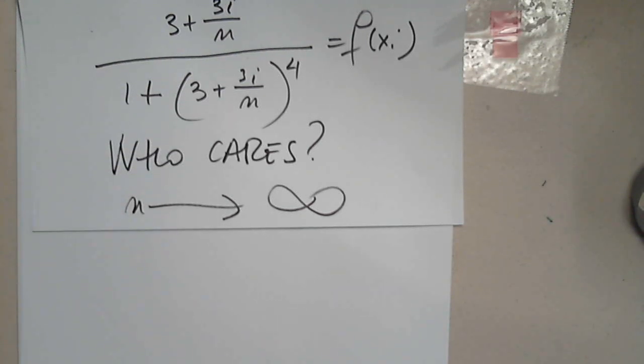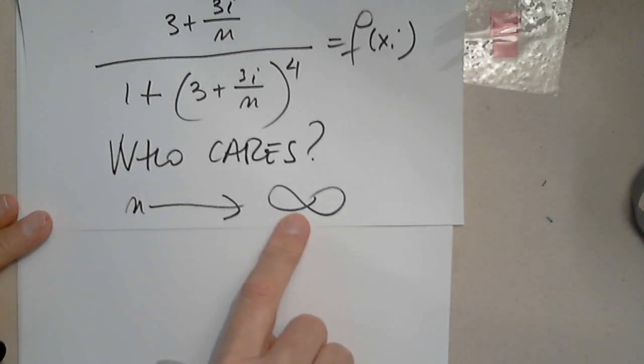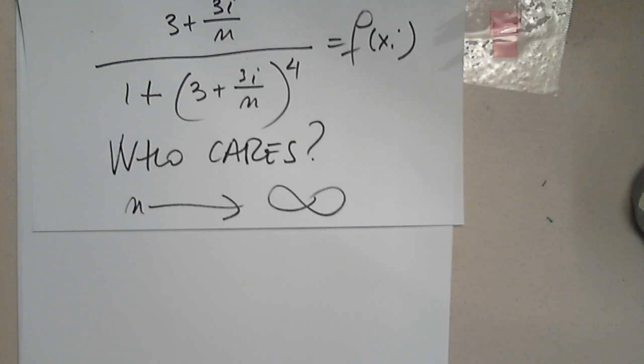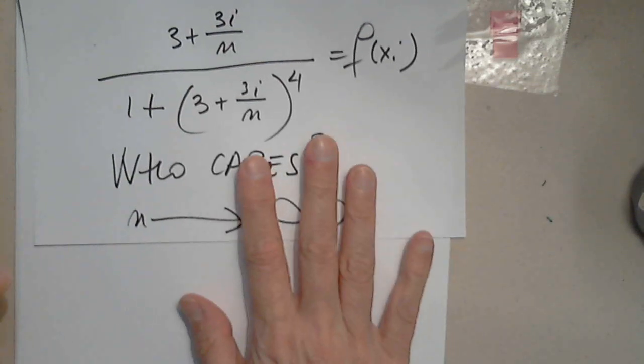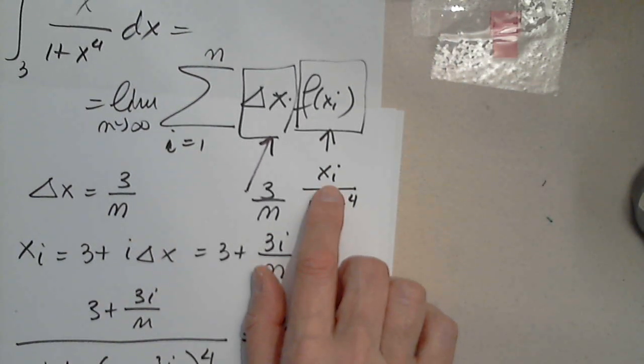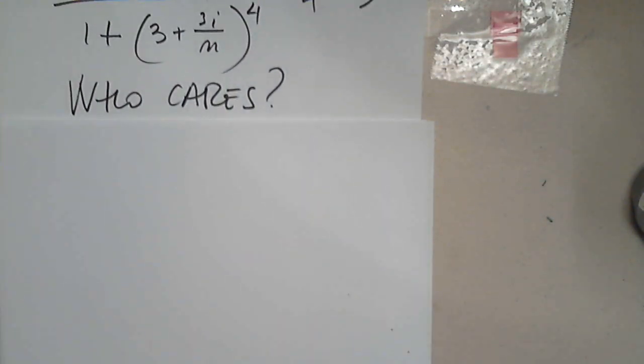It doesn't matter. Use whatever you want. Once you have n approaching infinity, they are so close to each other that they are the same point. The leftmost point, the rightmost point, the midpoint, they are all the same. That's why we call this xi.